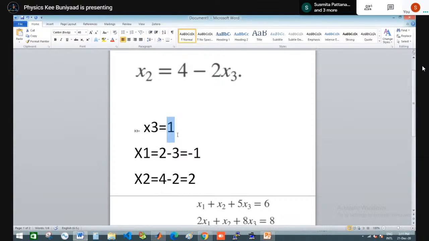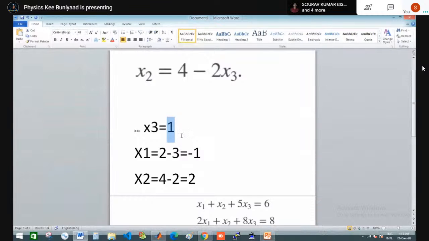So how do you know whether it will give you many solutions or a single solution? To check this point, you have to calculate the rank of the matrix. Once the rank of the matrix is equal to the number of variables, then you will get a unique solution.